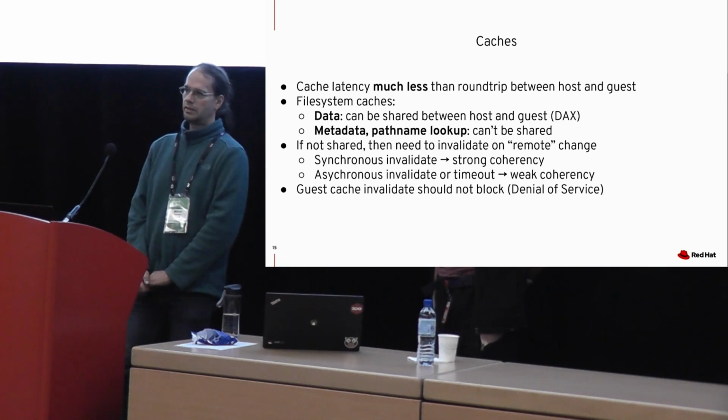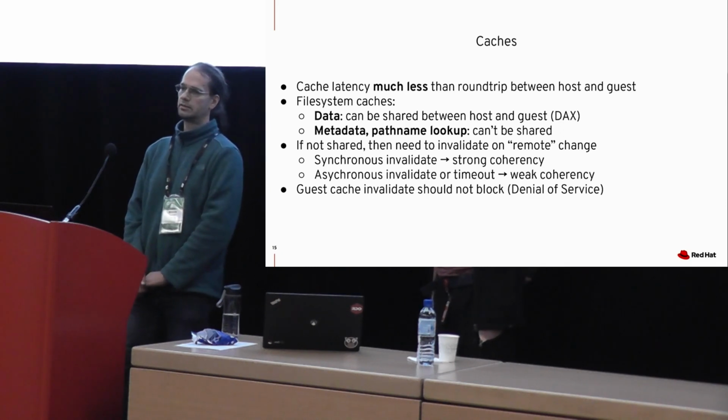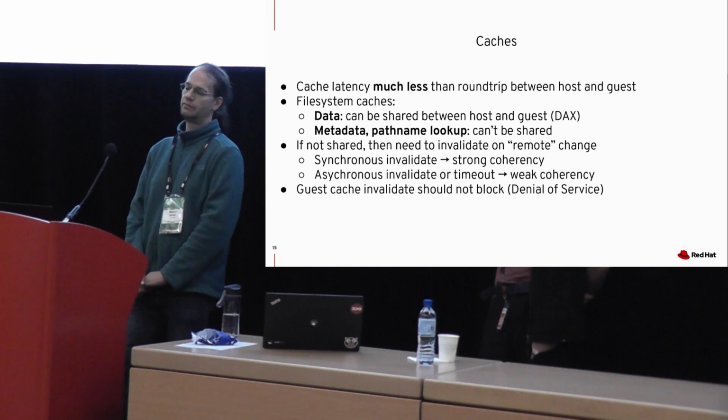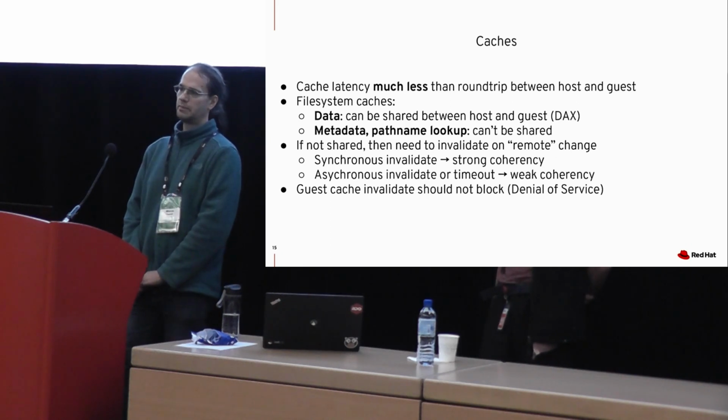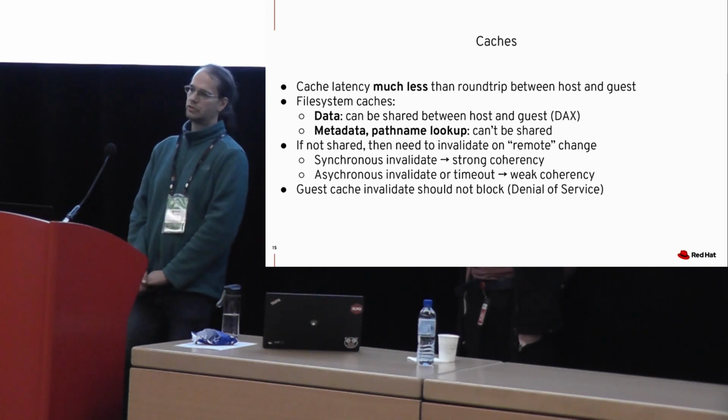Metadata and path name lookup cache can be shared with the host kernel, unlike the data cache. So if it's not shared, then we need to have some way of invalidating the guest caches. If that cache invalidation is synchronous, then we have strong coherency.